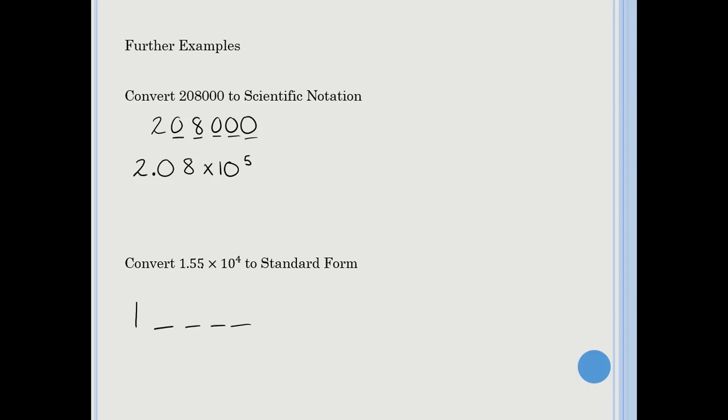And then any numbers that follow my decimal are going to go in first. And after that, if there's any more gaps, it's going to be trailing zeros. Write it out again so it's a bit neater. So 1.55 times 10 to the power of 4 is 15,500.